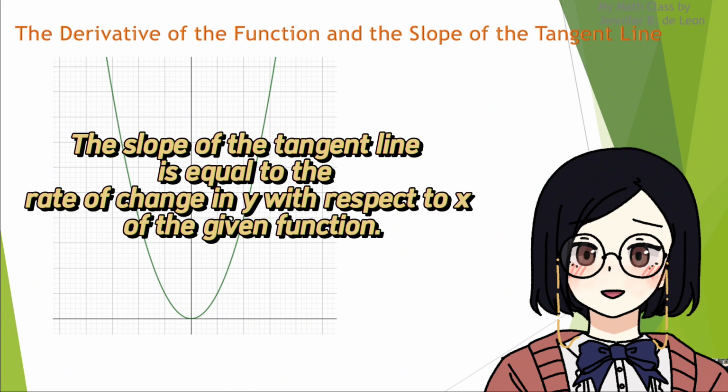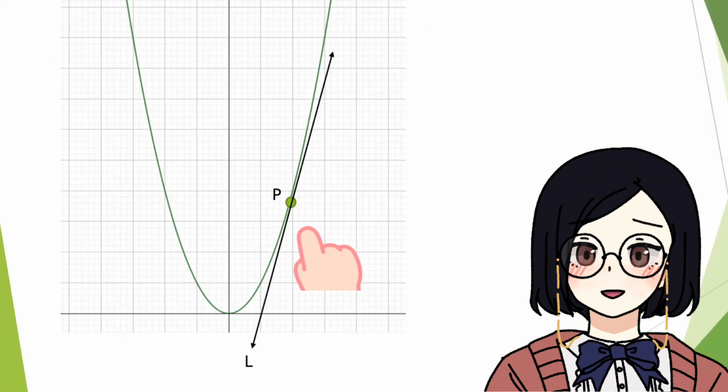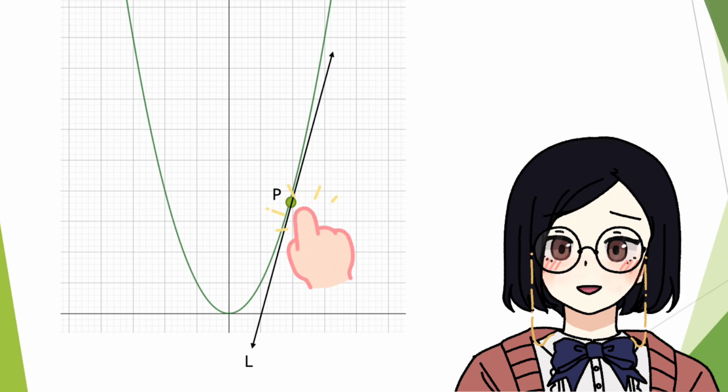Let's have point P, and there is a line that passes through that point, and let's label that as line L. And then we get the coordinates of point P. Now, since this is just an arbitrary point, it will have an abscissa of x and an ordinate of f of x.